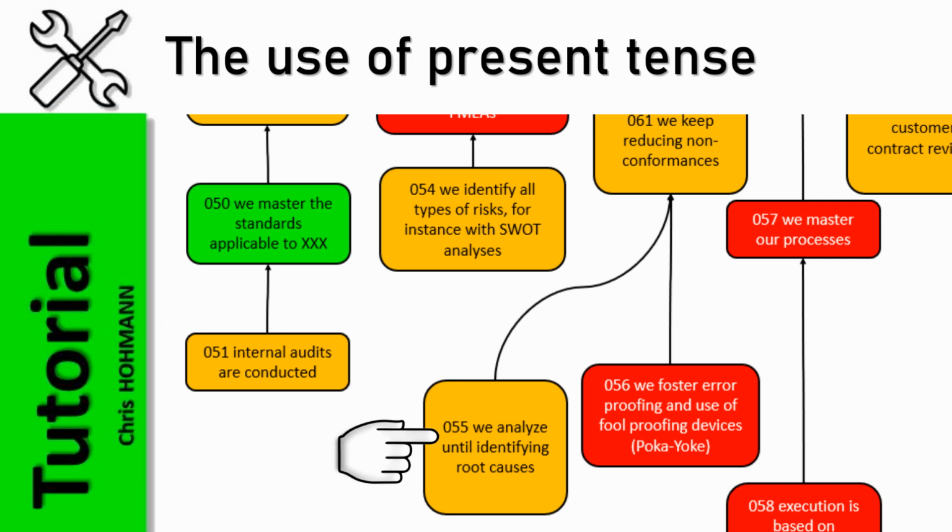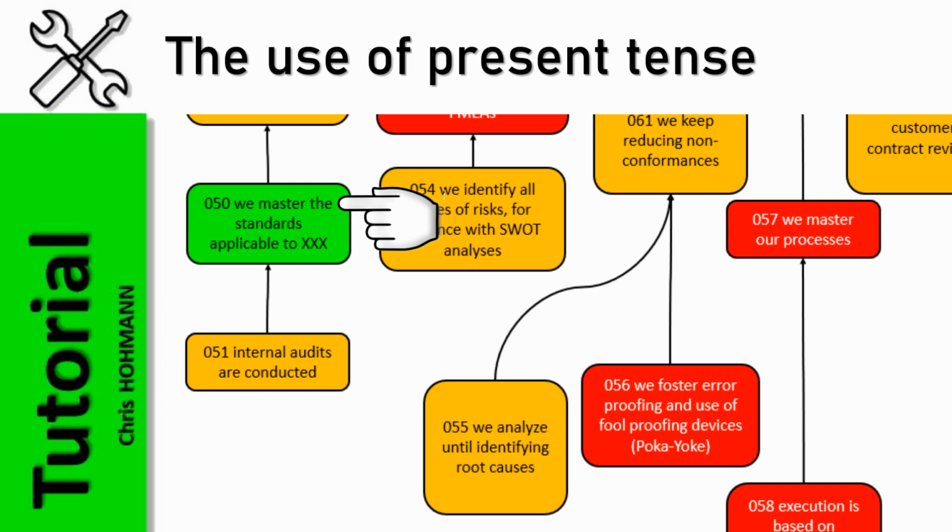Second example is entity 55. It reads, we analyze the issues and problems until identifying the root causes. Some may say, well, yes, but not systematically, or only for important issues. So this is not always true and therefore scores amber. A final example is entity number 50.